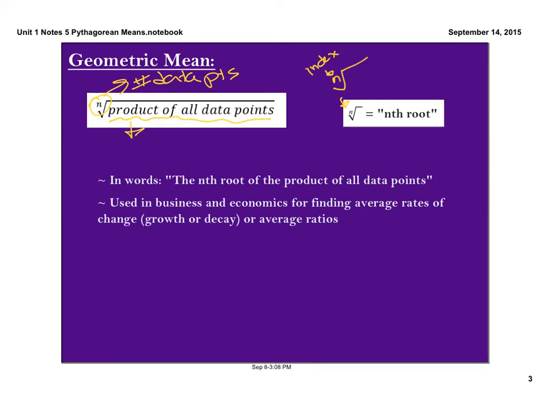If you forgot the word product, that means multiply. So I need to take the data points and multiply them together. Read in words, it says the nth root of the product of all the data points. This is a mean that is used in business, with money, economics, rates of change for economic purposes, average ratios, things like that.